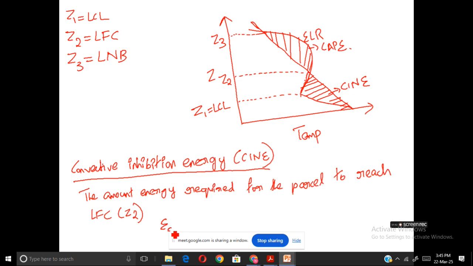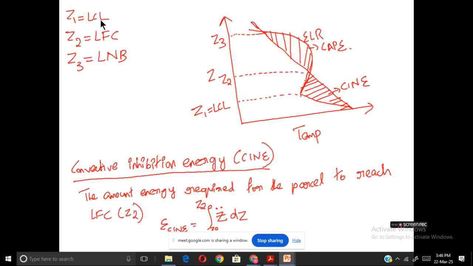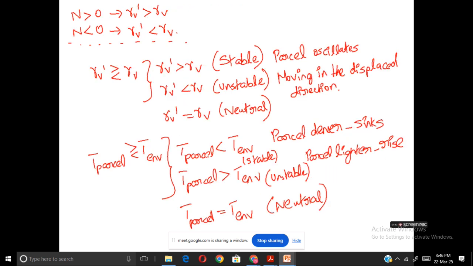So E_CIN is given by the integral from Z0 to Z2 of Z double dot into dz. What is Z double dot? We already know the vertical acceleration, we already wrote it initially.